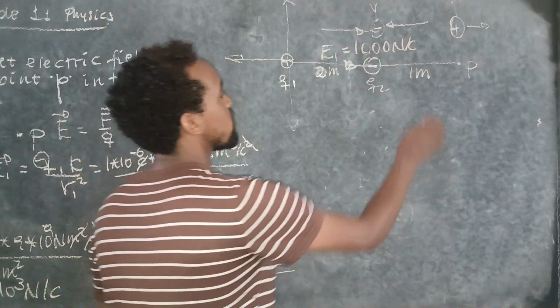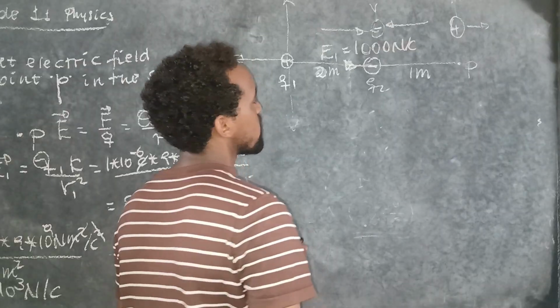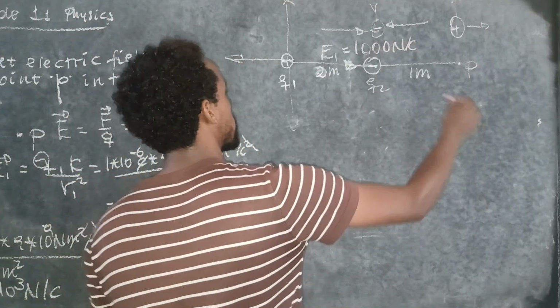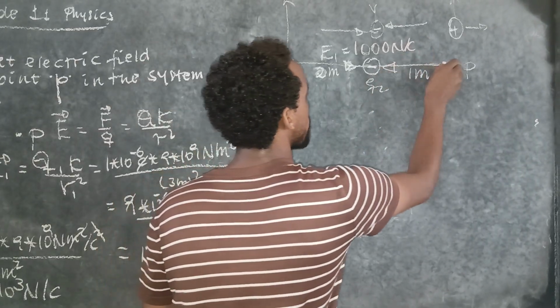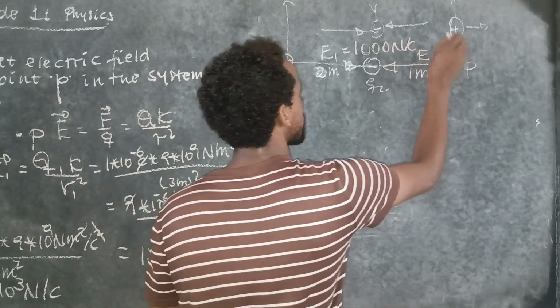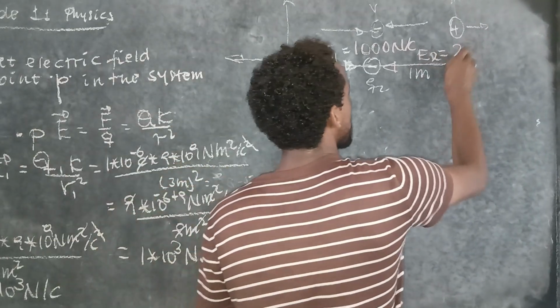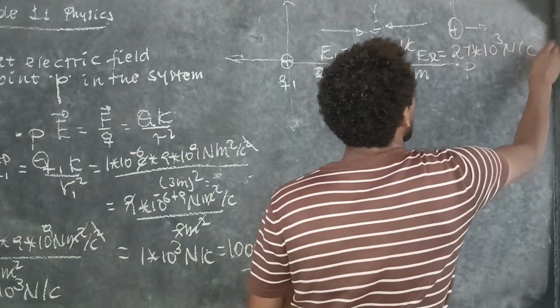But the electric field due to the negative charge, since a negative charge points toward itself, comes inwards toward the charge, so it is in this direction. E1 is 1000 newton per coulomb, and E2 is 27 times 10 to the power of 3 newton per coulomb.